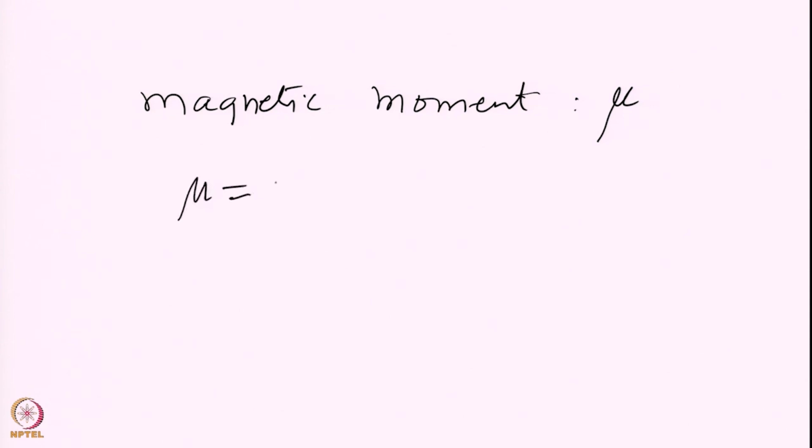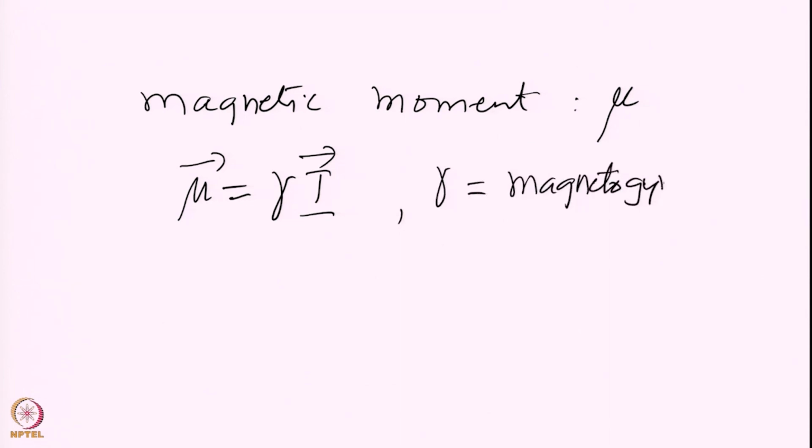Mu is proportional to gamma times I. This is a vector, this is also a vector, okay, and gamma is a constant which is called the magnetogyric ratio, or sometimes it is also written as gyromagnetic ratio.